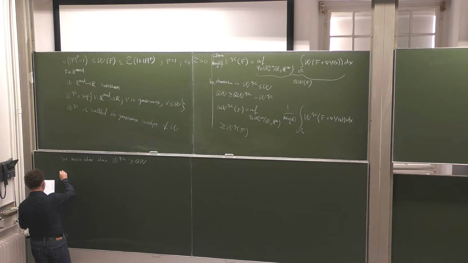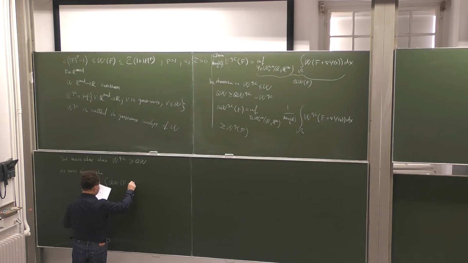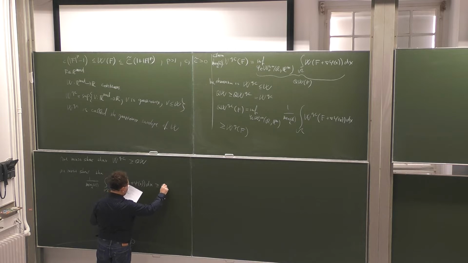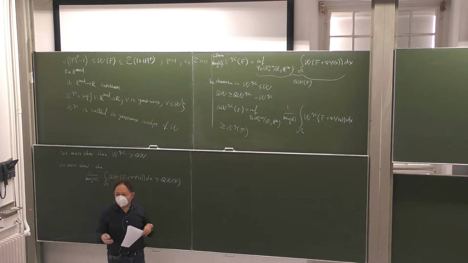So we must show that one divided by the measure of Ω, and then here QW of F plus gradient ψ, and now I use ψ, I tell you why I use ψ, dx is bigger or equal than Q of W at F. And it would be enough to prove it for every ψ which is in W^{1,∞}_0 but piecewise affine.